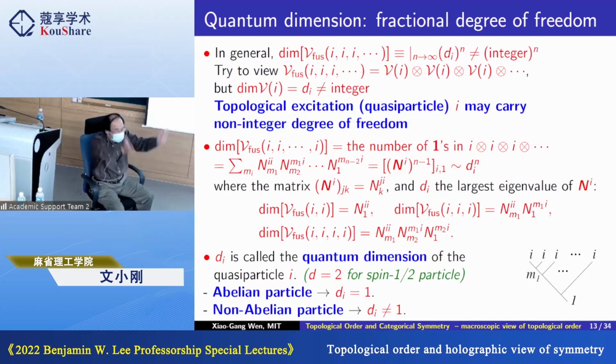With a gapless system, it doesn't work. However, as I mentioned, in a gapless system you may have emergent symmetry. The emergent symmetry, I will explain later, corresponds to a topological order in one higher dimension, which has an energy gap. So the fusion ring lives in one higher dimension.